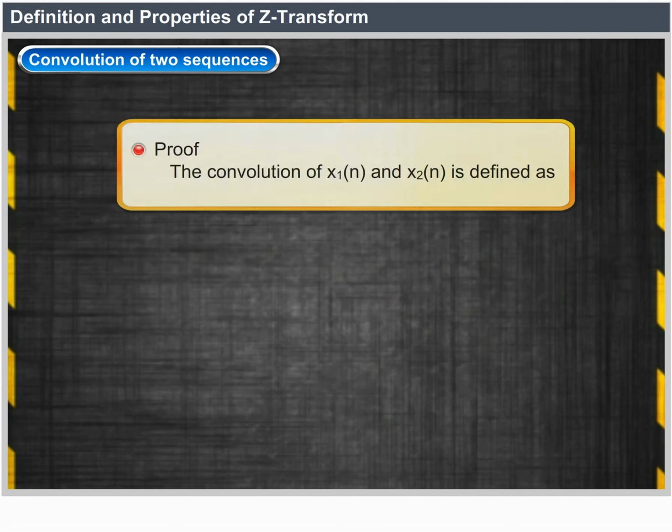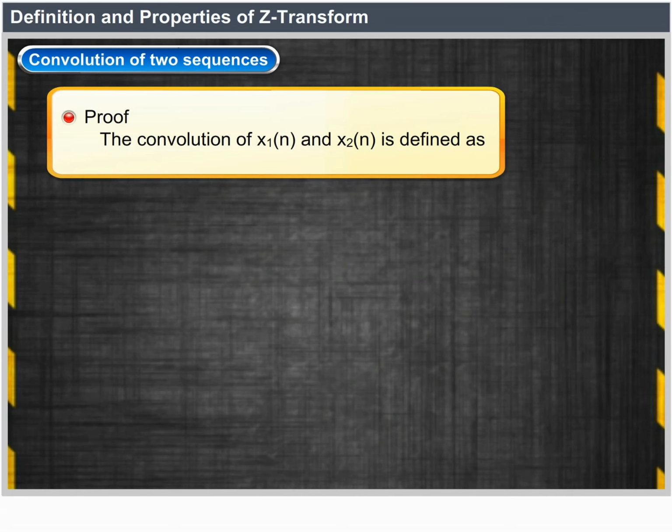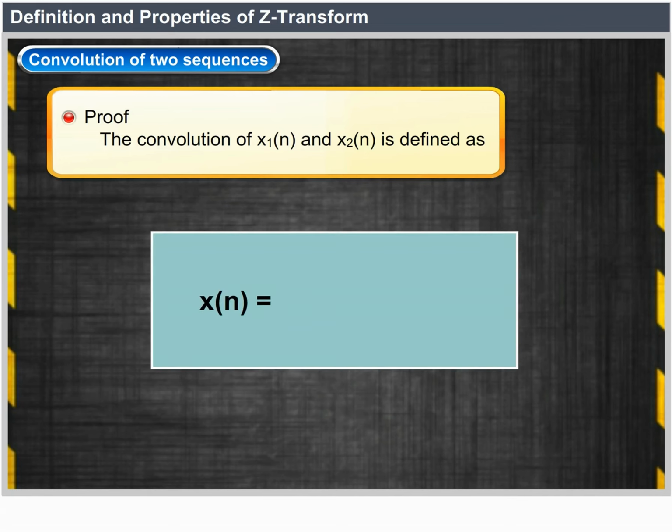Proof. The convolution of x1 of n and x2 of n is defined as x of n equal to summation k equal to minus infinity to plus infinity x1 of k into x2 of n minus k.